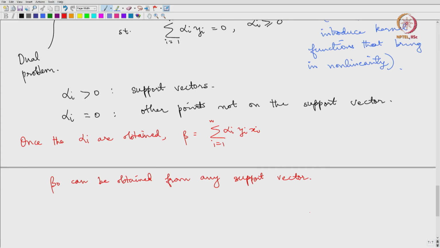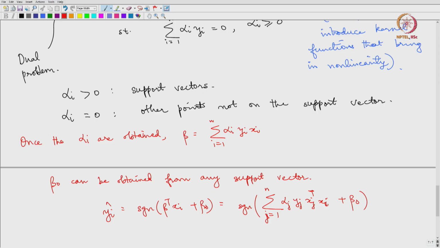Right, and once of course the alpha i's are obtained, you can just make the prediction as earlier using the sign function of beta transpose xi plus beta naught, and this can be written as the sign of the sum j going from 1 to n of alpha j yj xj transpose xi plus beta naught, right.